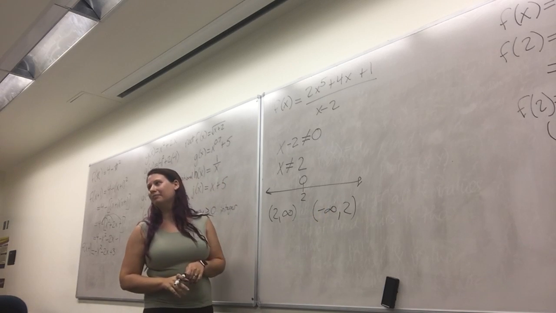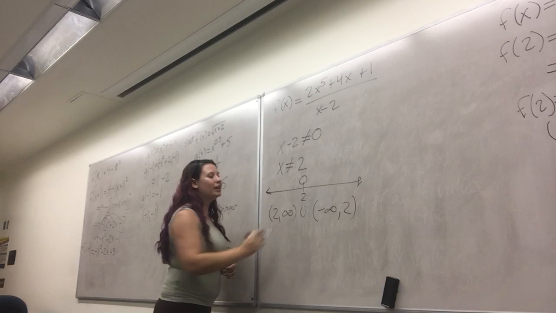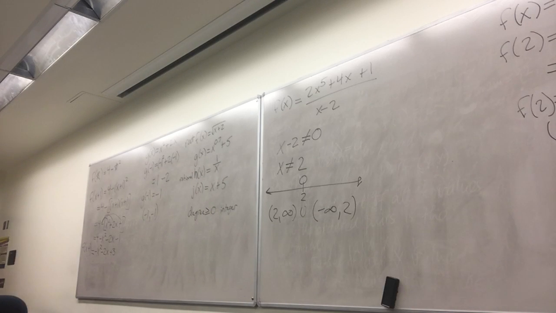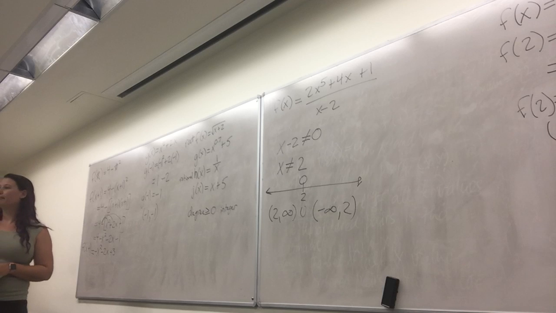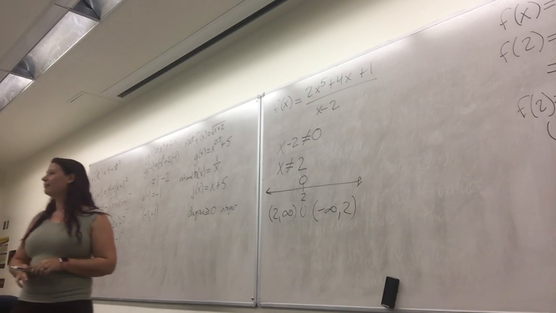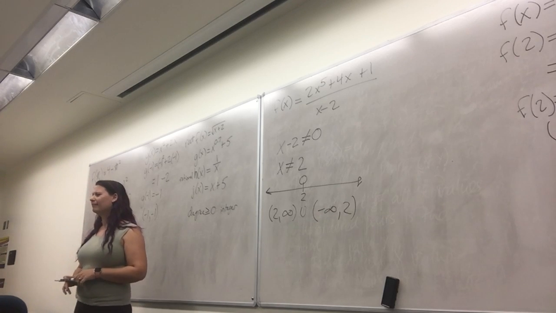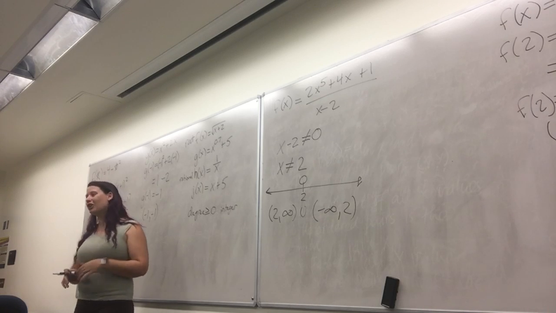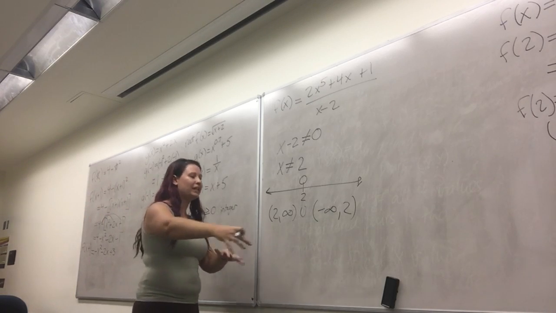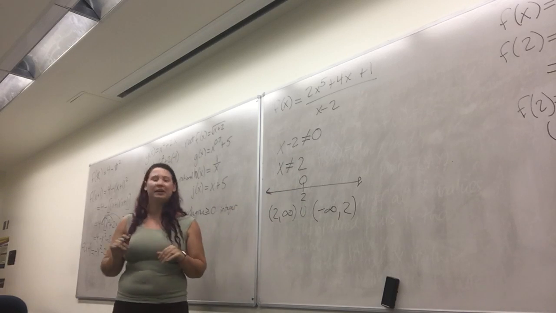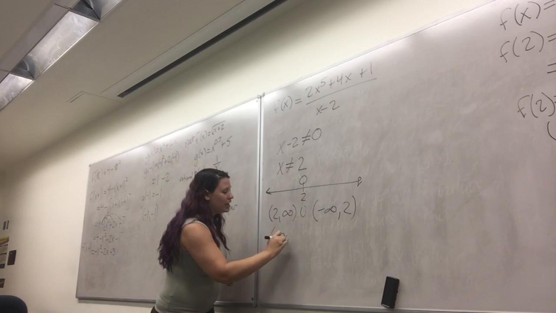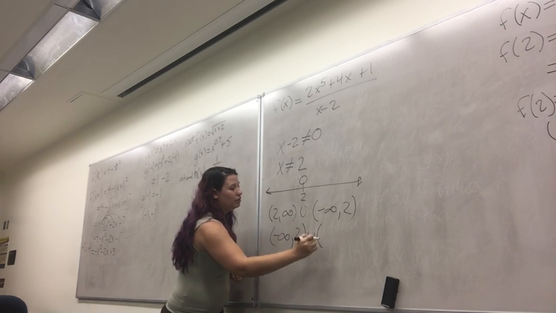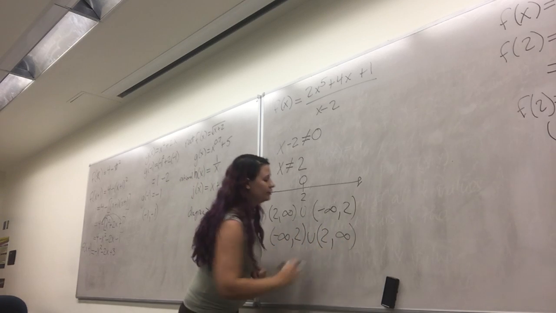And how do we connect them? Can we write it like this though? No. Why not? It's backwards. We have to go from negative infinity to positive infinity. So we have to do negative infinity to 2, close, open, 2 to infinity.